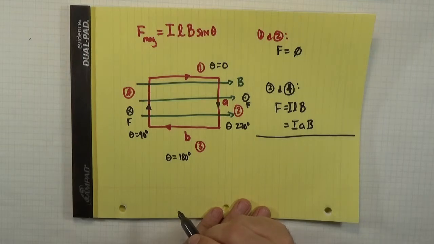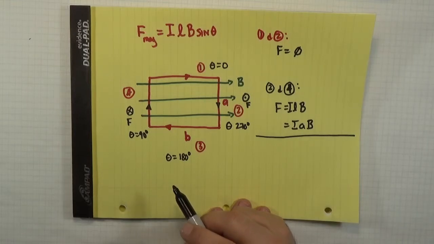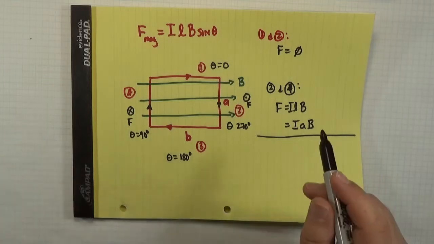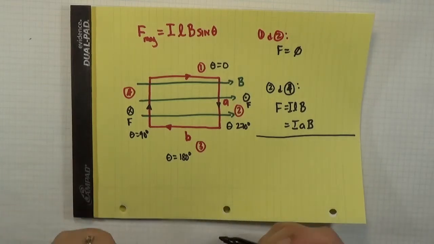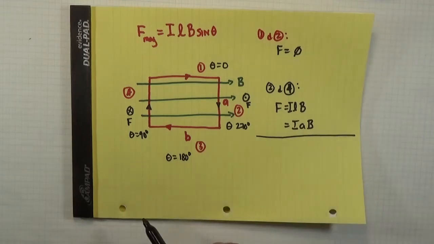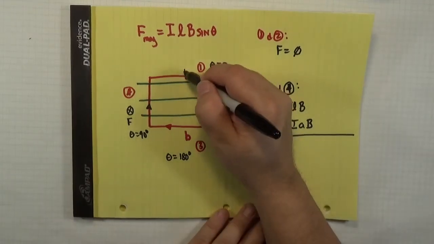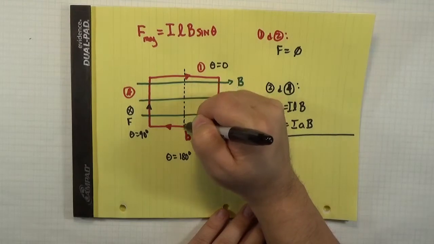Well, we need to know where the loop is going to rotate. One of the things you probably remember from first semester is that when you have a symmetric object and you apply equal but opposite forces on the opposite sides of the object, then the object rotates around its center line. So this loop will rotate about a center line like this.